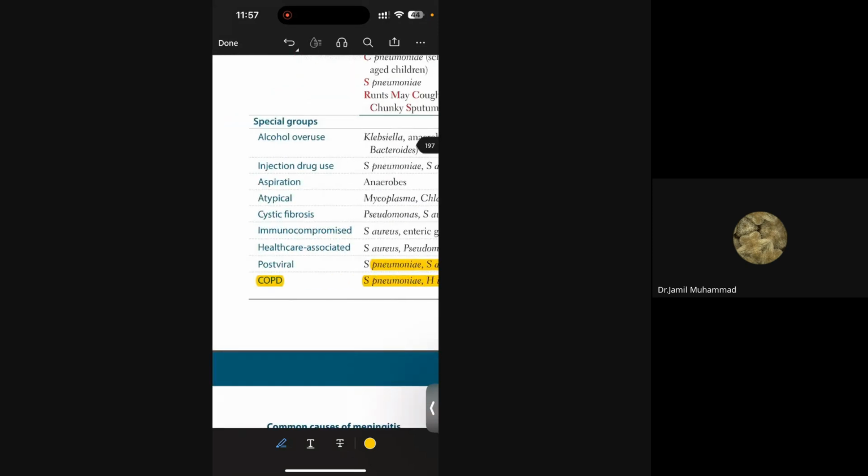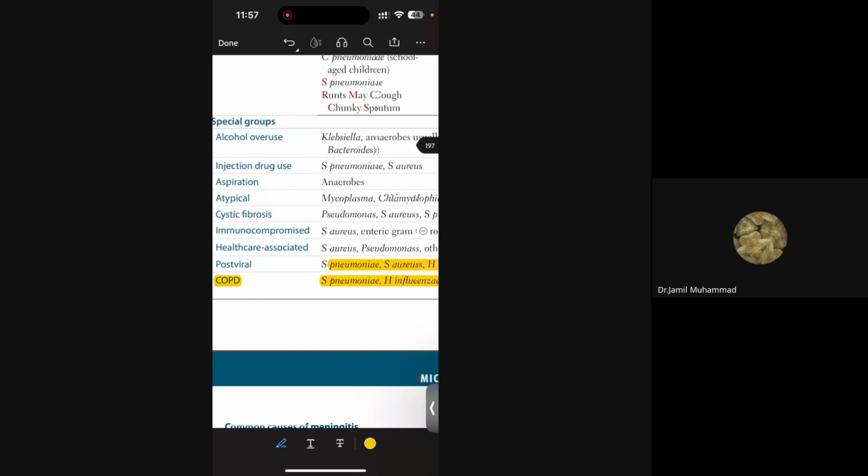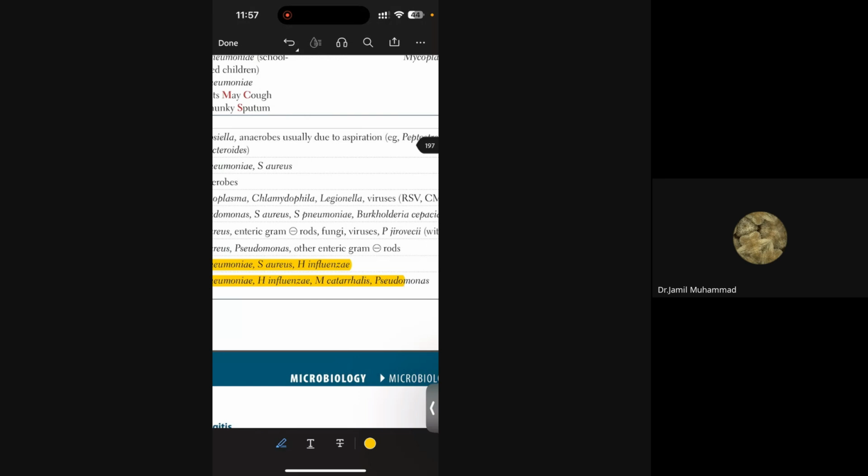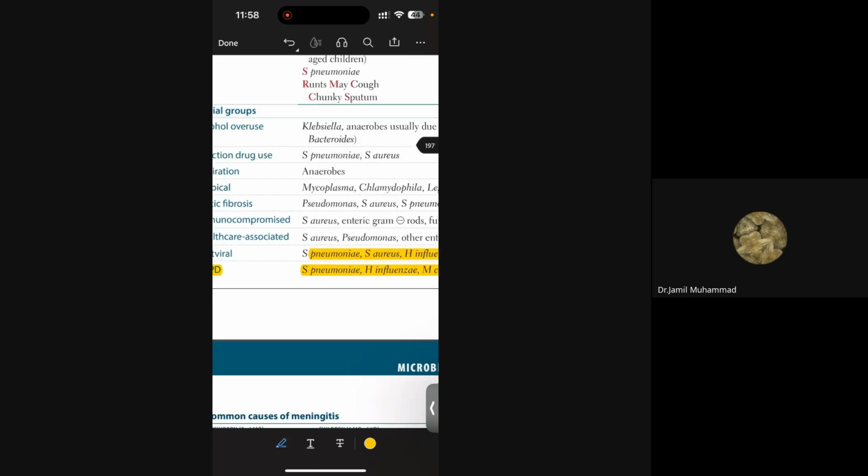Post COPD, you are going to see infection with Strep pneumo, Haemophilus influenzae, Pseudomonas, Moraxella catarrhalis. These are the 4 bacteria which can cause infection post COPD, which can lead to an exacerbation of COPD.